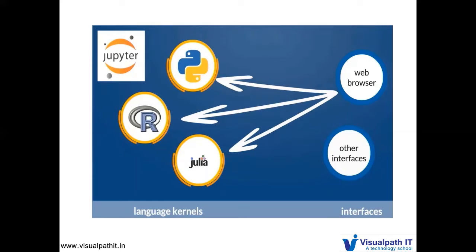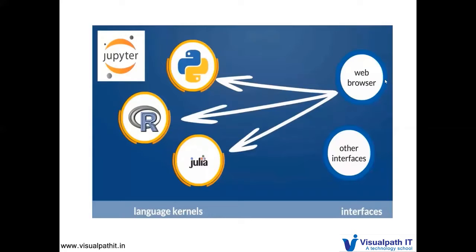So these are basically called language kernels. The Jupyter installation always comes with an installed Python kernel, and the other kernels can be installed additionally.